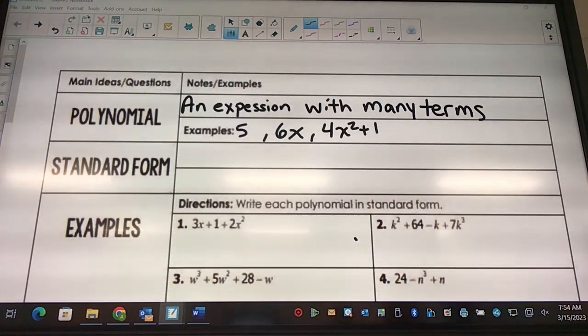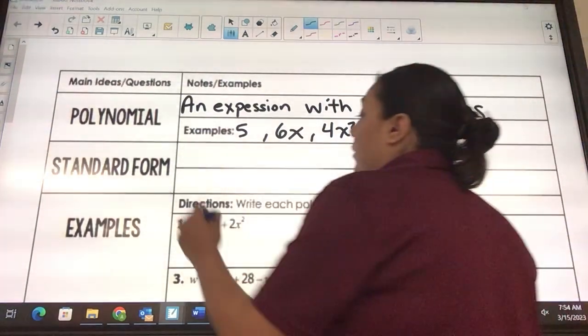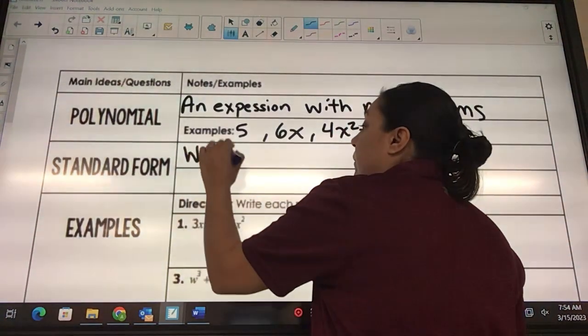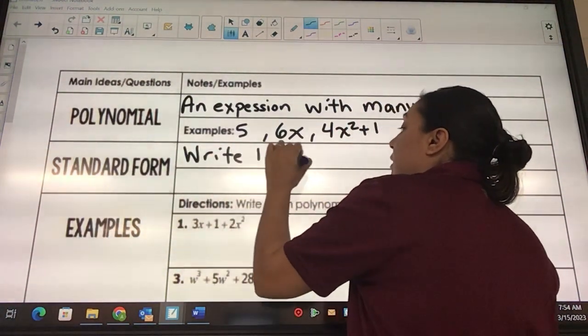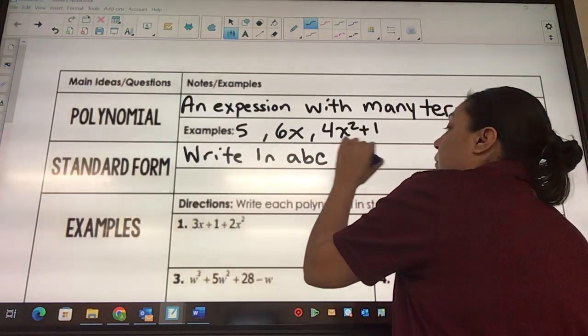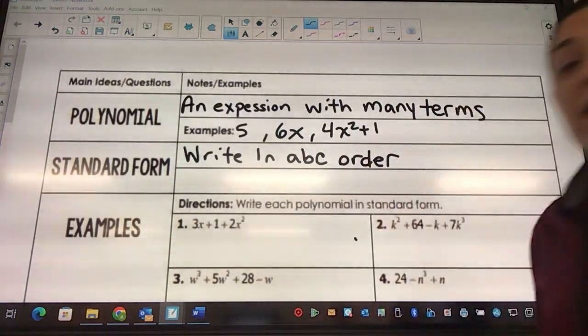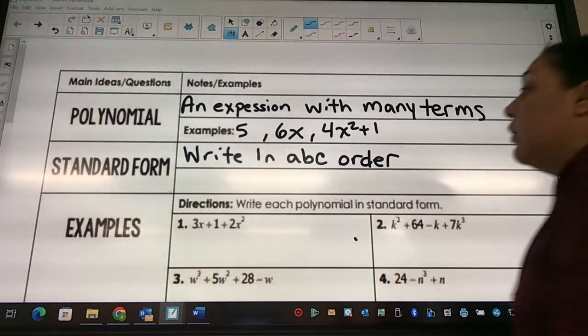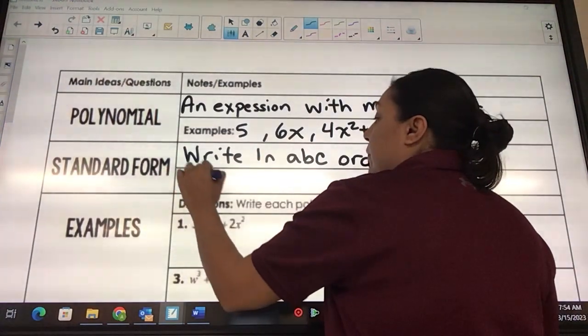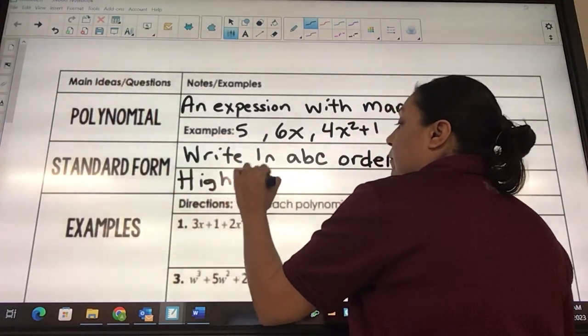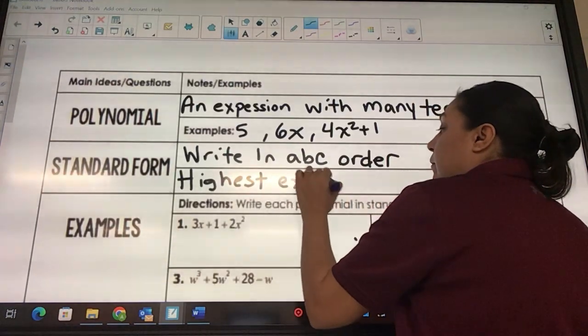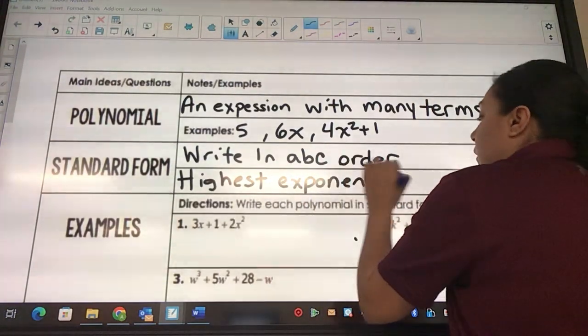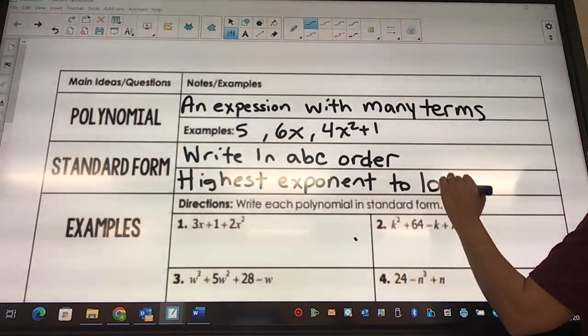Standard form is when it's written in ABC order, and then it goes highest exponent to lowest exponent.